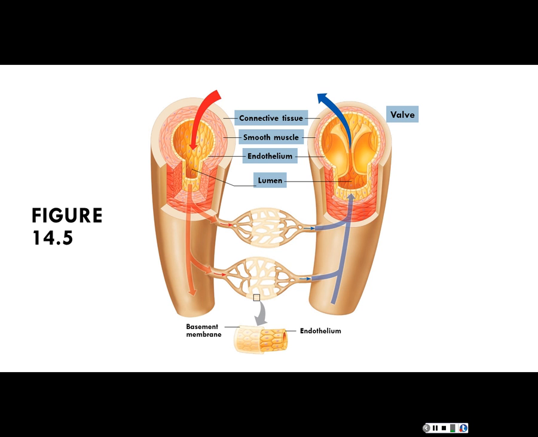And the way that gradient is established is not only using the heart, but also our blood vessels. We summarized this image on Thursday a little bit, so I won't overdo it. But let's just review. Vessels on the left are arteries. On the right, we have veins.